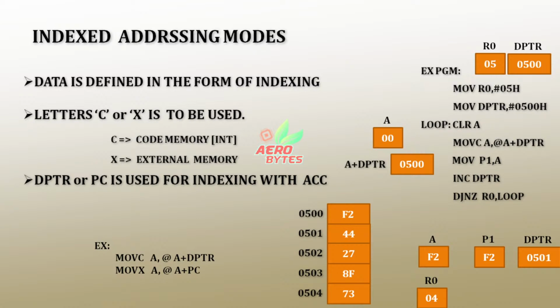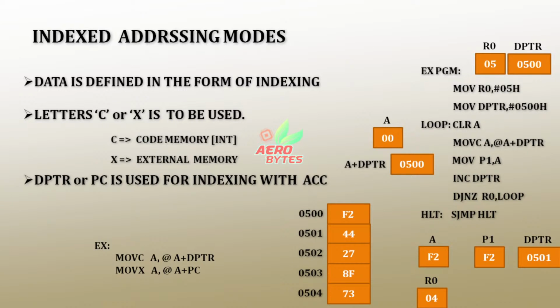Then again clear A. The accumulator content is cleared. After clearing, MOVC A, @A plus DPTR. What is the DPTR content? 501. So 501 plus 0 is 501. The 501 is taken as an address, and that value is transferred to the accumulator.